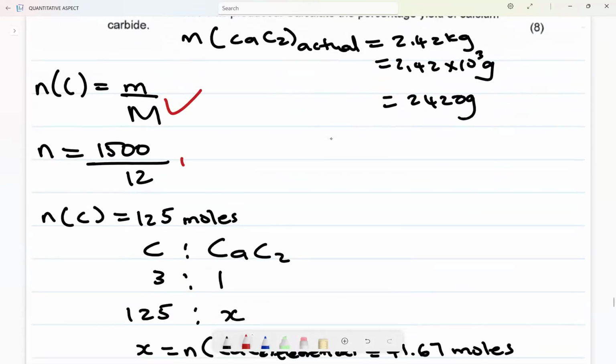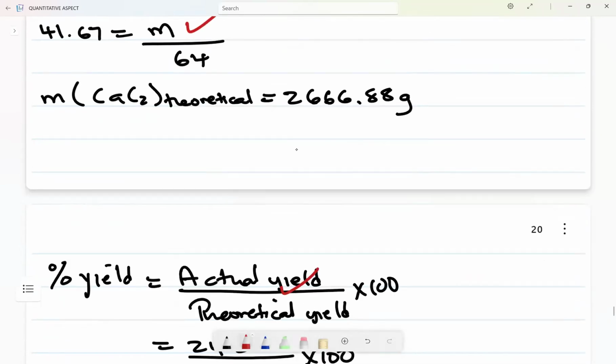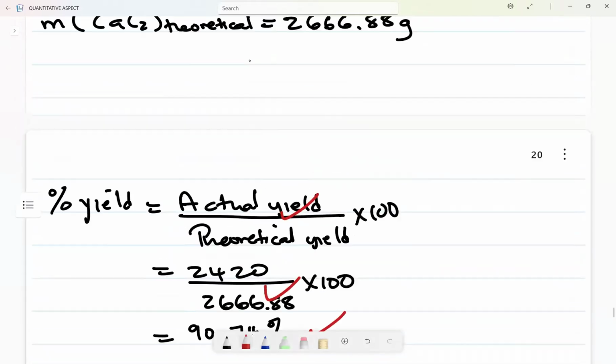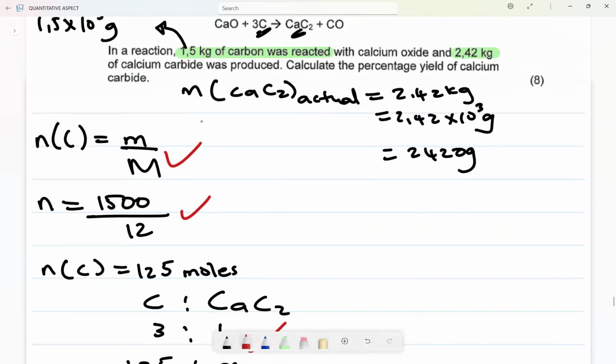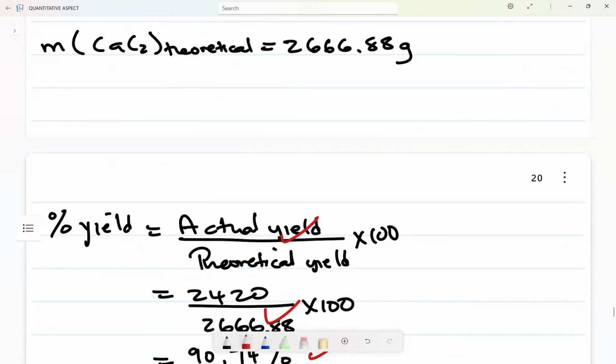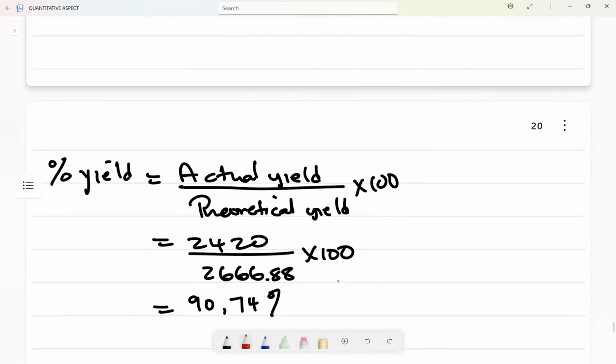They can say 1 mark for the ratio, 1 for substituting here, and so on, 1, 2, 3, 4, 5, 6, 7. I don't know where that other mark came from, maybe substituting, but whatever. Just getting your 8 marks there. Can you see how beautiful it is? Not only is it beautiful, it is also easy.